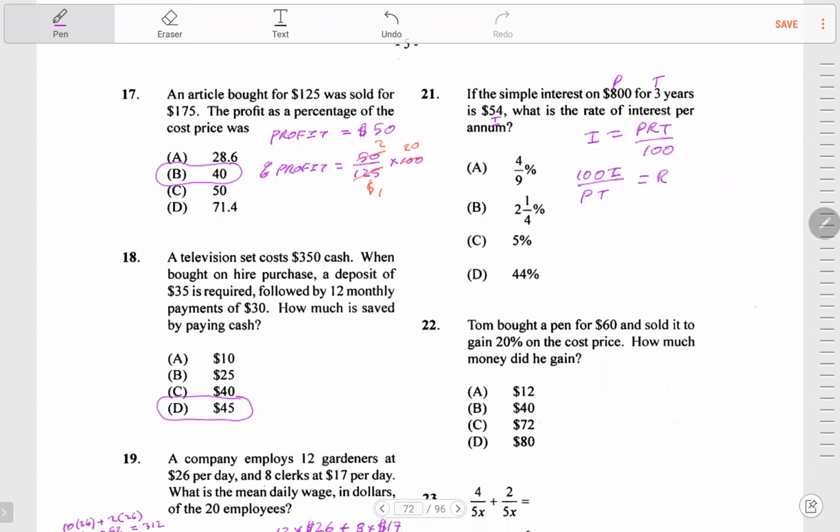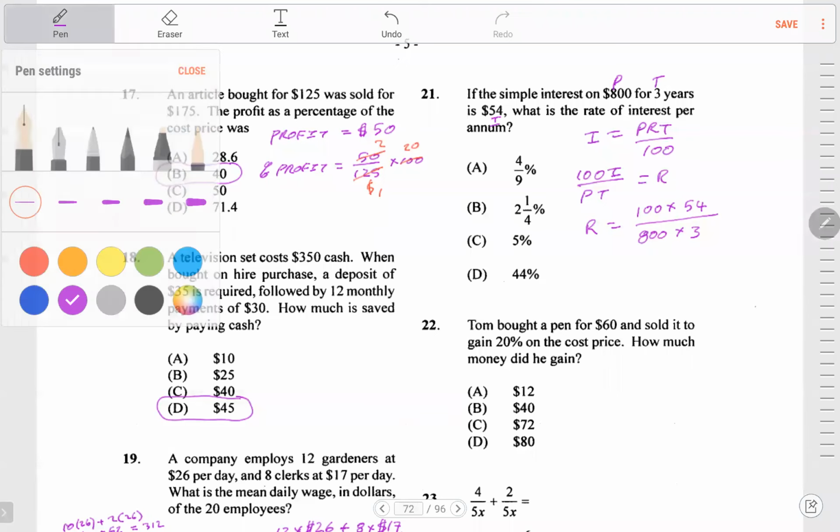So plug in those values. The rate is 100 times the interest of 54 divided by the principal of 800, I'm leaving off the dollar sign, times the time of 3 years.